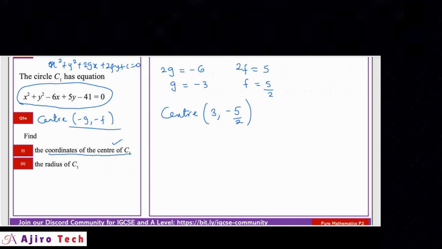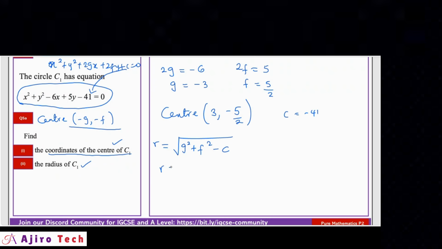The second part says we should find the radius. When you are given the equation in this form, we use this formula: the square root of g squared plus f squared minus c. So our g is -3, our f is 5/2, and if we come back here, our c is -41.